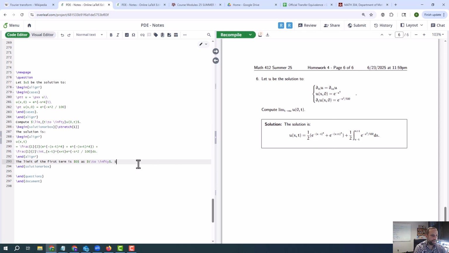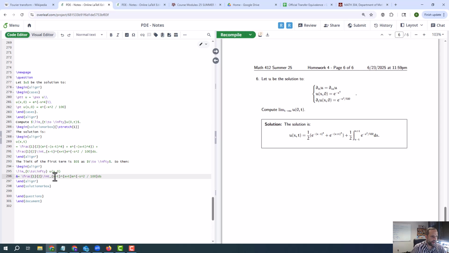So then the limit as t goes to infinity of u of x, 0 is going to be equal to this integral right here.